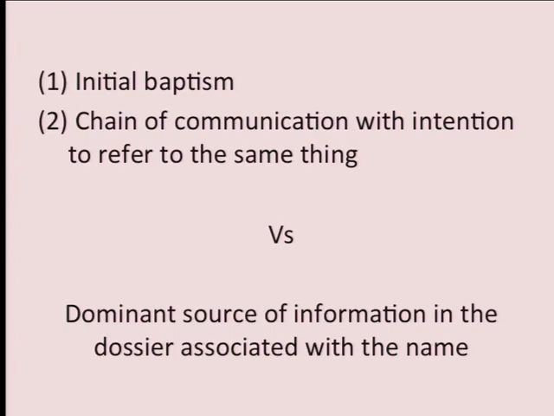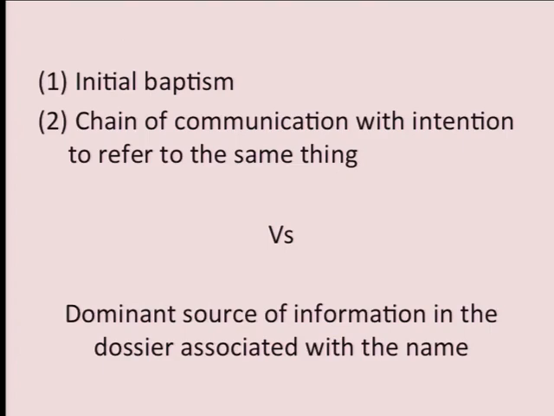And then there's Evans's kind of picture, where you're talking about the dominant source of information associated with your use of the term, the dominant source of the information in the dossier that you associate with the name. And this has problems too. There are examples like the astrologer or Chaucer, where you have a use of a name that a whole bunch of spurious stuff has been associated with.